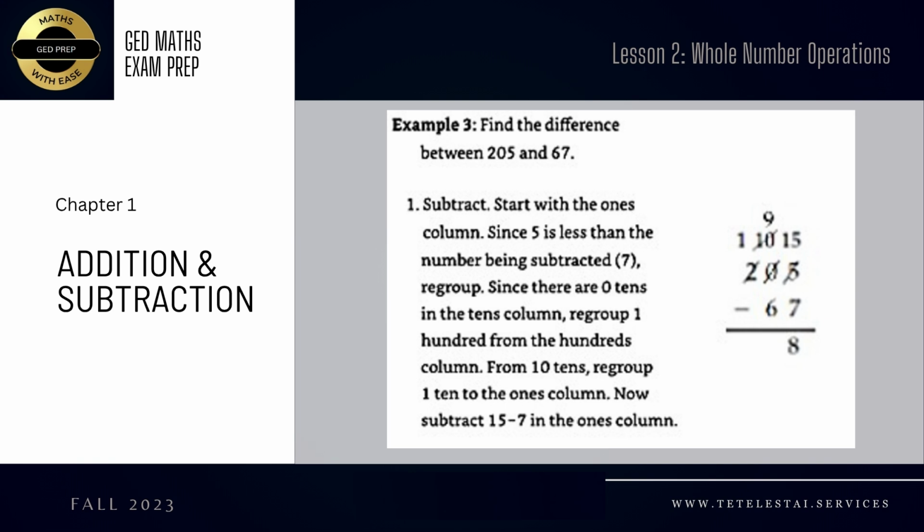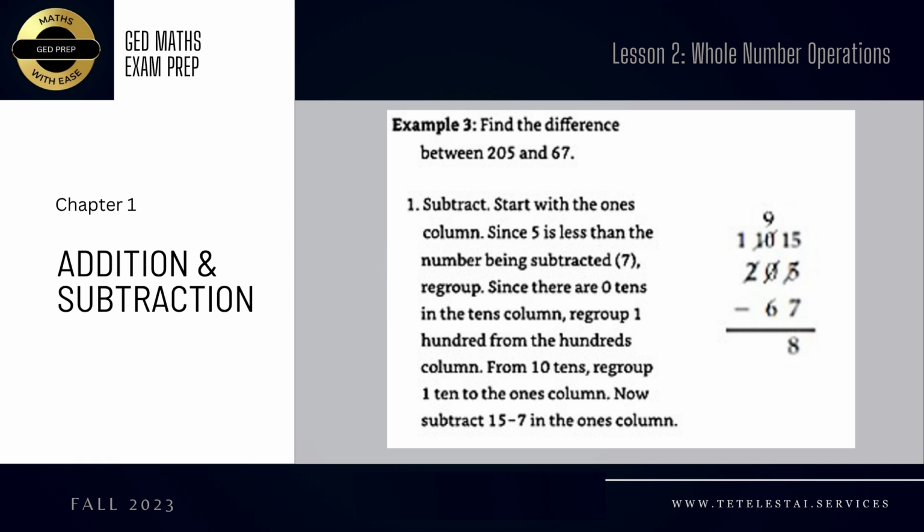We're being asked to find the difference between 205 and 67. So again, you want to place your numbers in a column, starting with the largest one first. And then once you've done that, go to the ones column, okay?